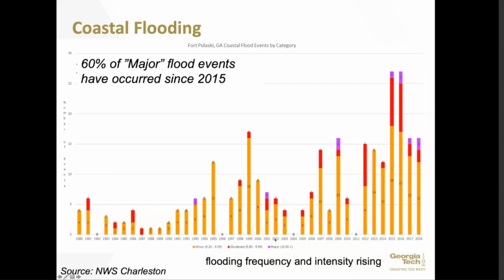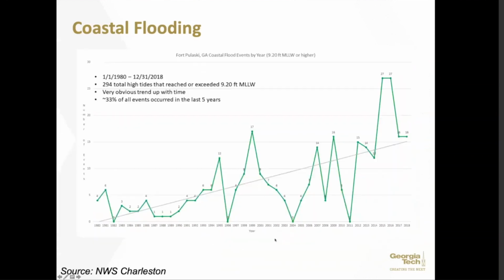And so as the baseline level of sea level has gone up in this area by about a foot over the last century, the frequency of coastal flooding has increased as well. So here's another way of looking at that.